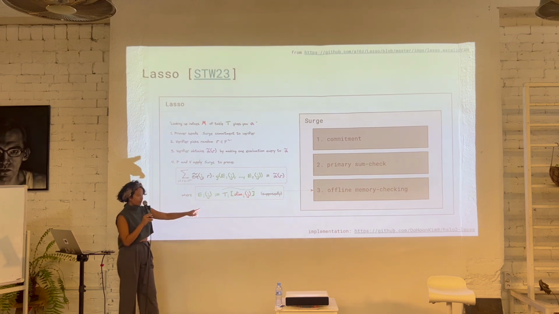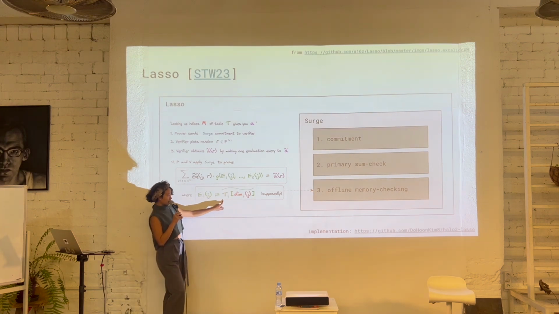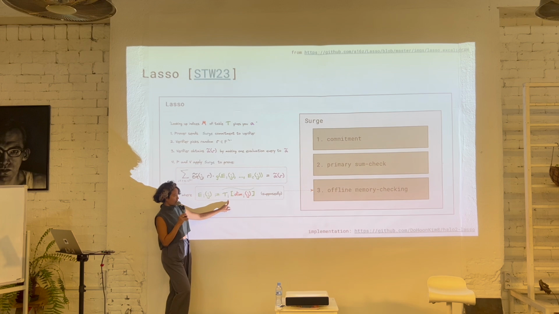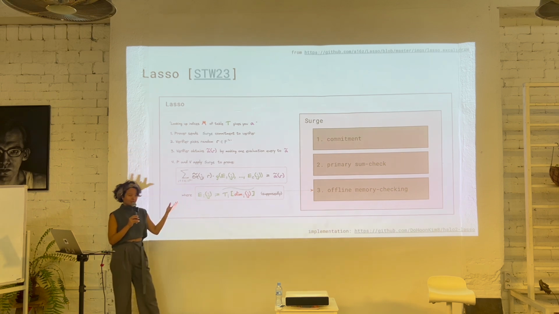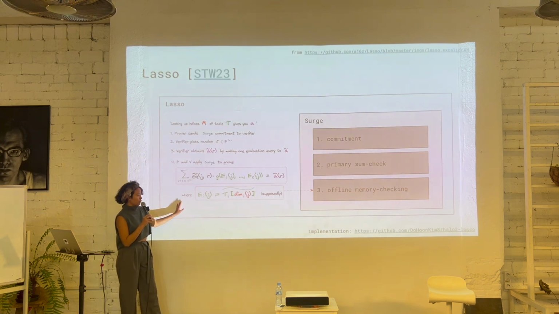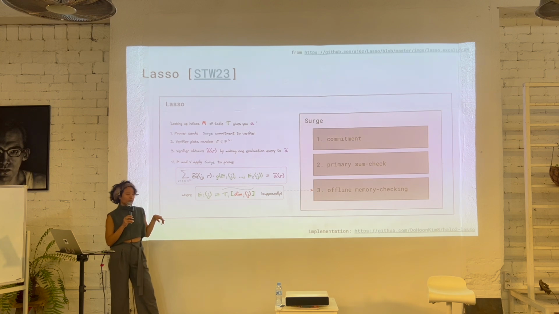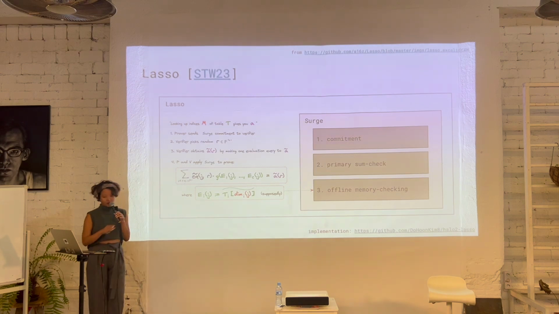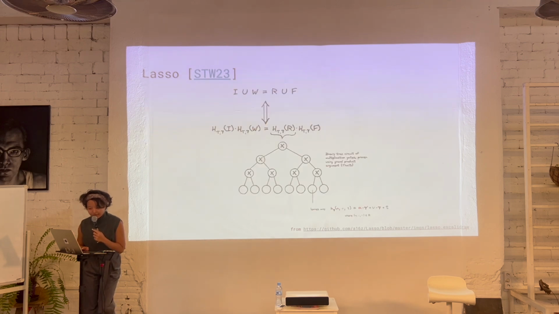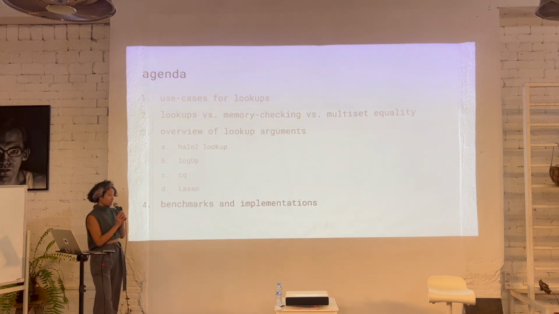They call this offline memory checking, and this memory checking argument is read-only in this form, because Lasso is a lookup argument, and by getting rid of the write capability of the internal memory checking, they saved some of the cost.